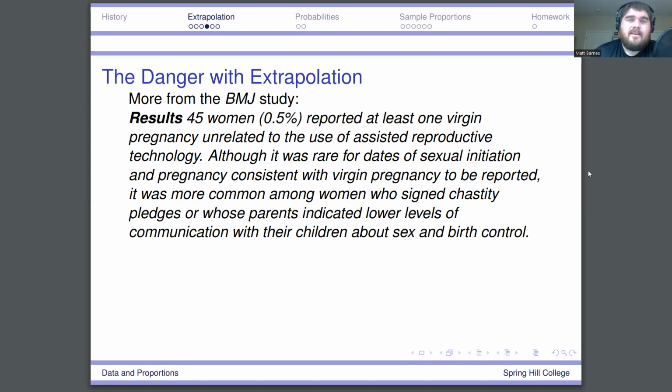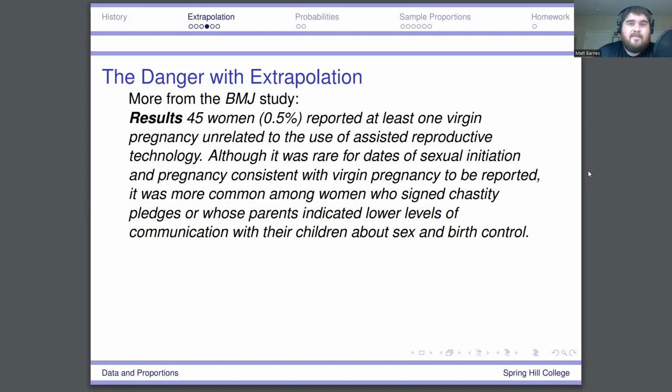You have kind of two things going on here. Either women who are unfamiliar with how the process works, they have not been taught what would cause a pregnancy and what would not, they have not been taught about birth control or anything like that. And then you have women who have some kind of incentive to not have had any sort of sexual contact with anybody.